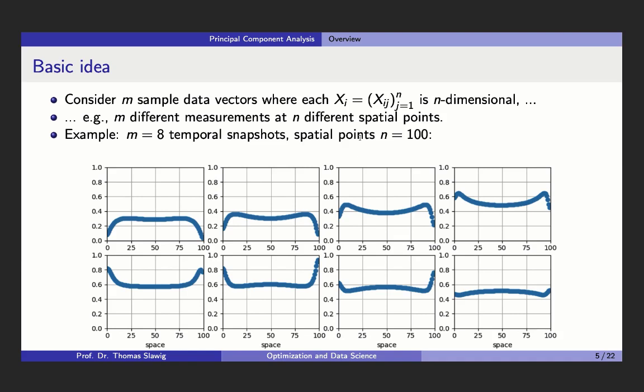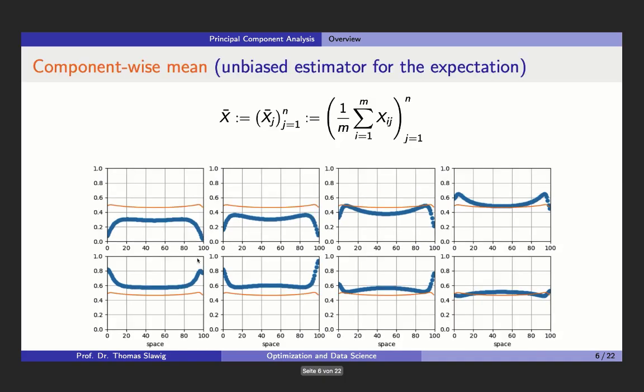It could be in the ocean, but it is only 1D. So we have n different spatial points, and we have here m temporal snapshots starting from here, and there is just a development in time. We can see this as temporal snapshots, but we can also just consider this as 8 data sets, where each of the data sets is a vector. So we can combine them to a matrix.